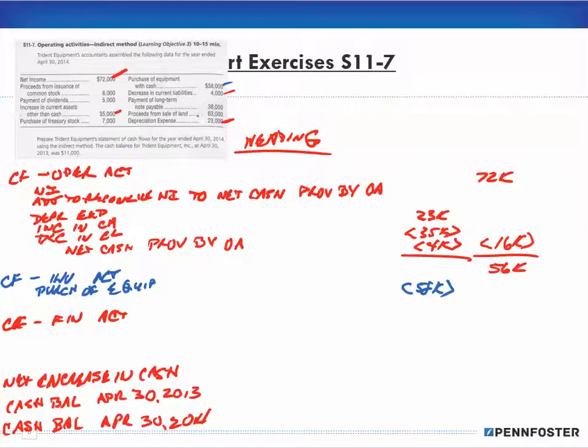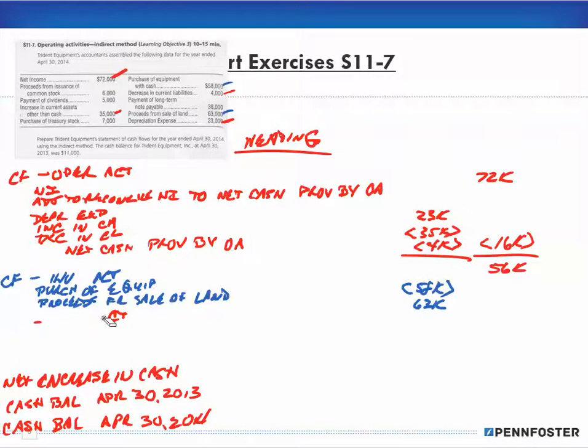And then we also have proceeds from the sale of land, and that's $63,000.